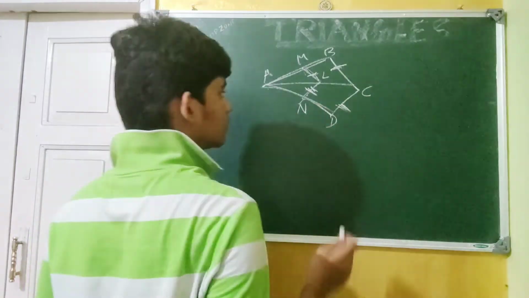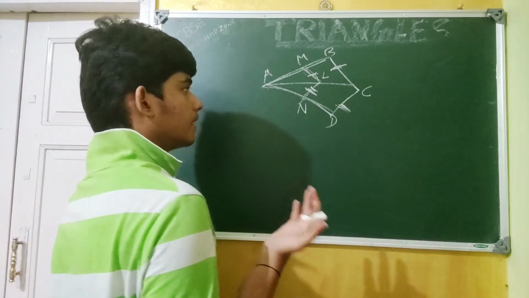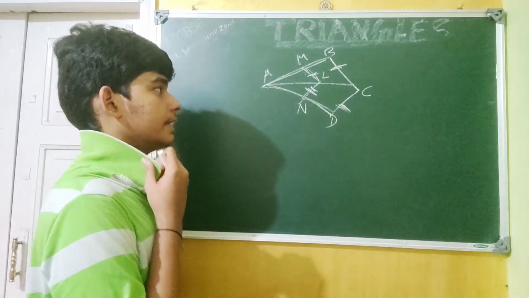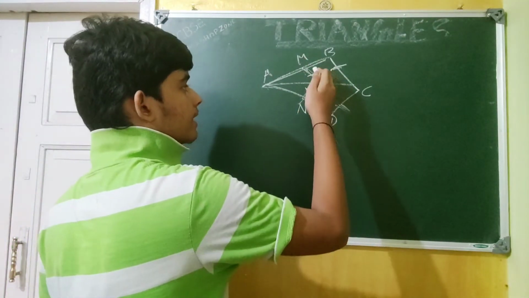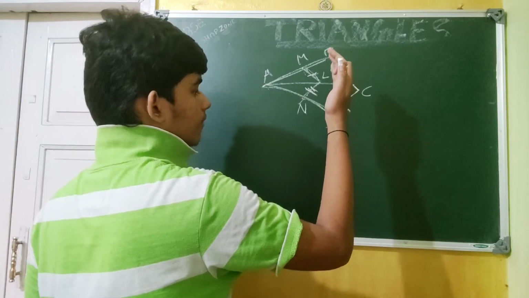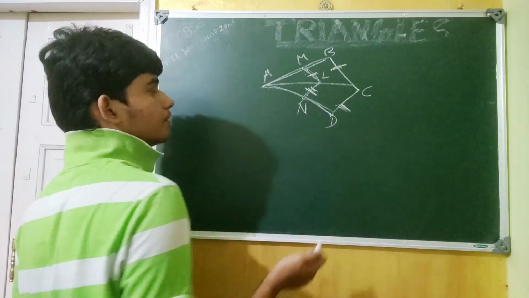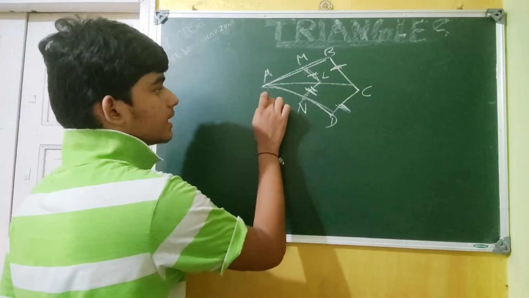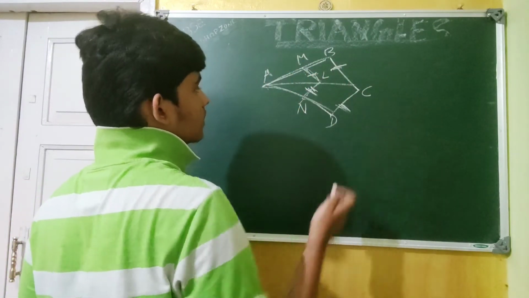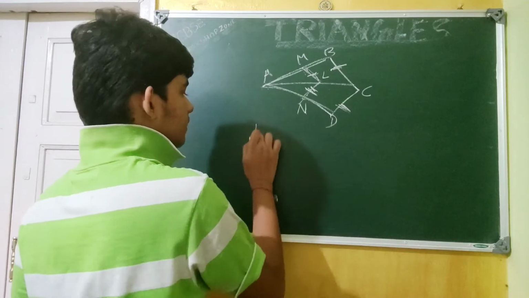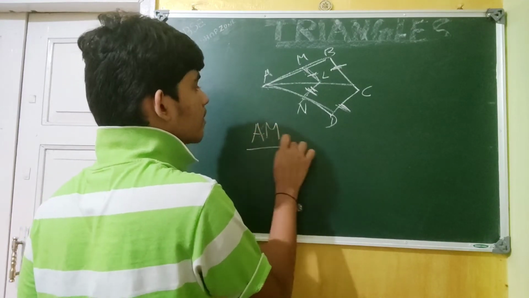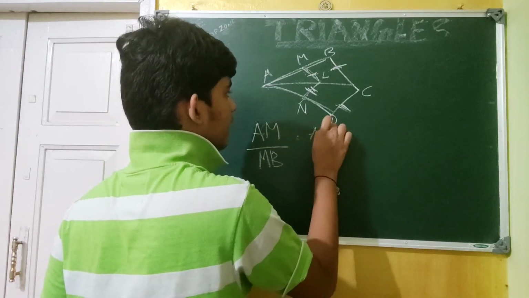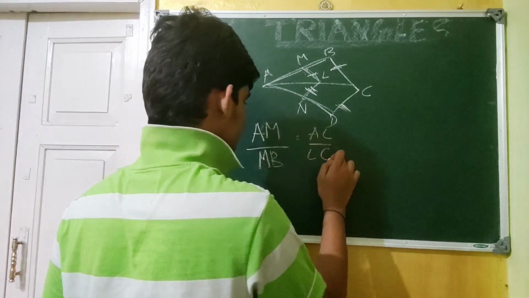To do this, we obviously don't need much, but basically we need the basic proportional theorem, where if a line is drawn, then basically it is parallel to the third side. So AM by MB is equals to AL by LC.